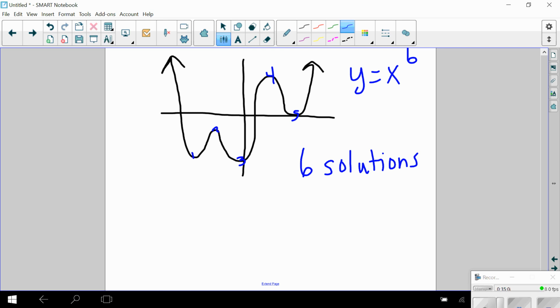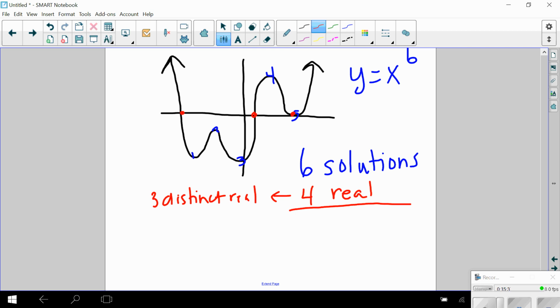Let's be more specific about those solutions. How many of them are real? 1, 2, 3, 4, right? I have 4 real, but we would say 3 distinct real because it actually only touches our x-axis 3 times.